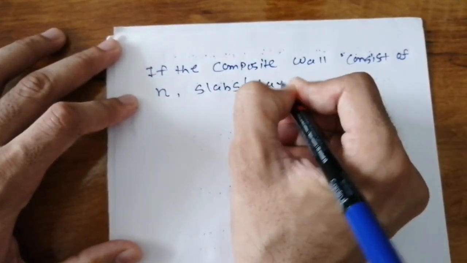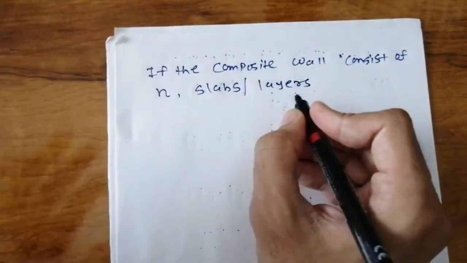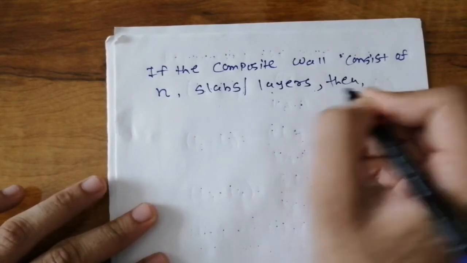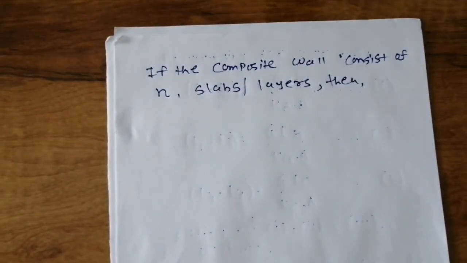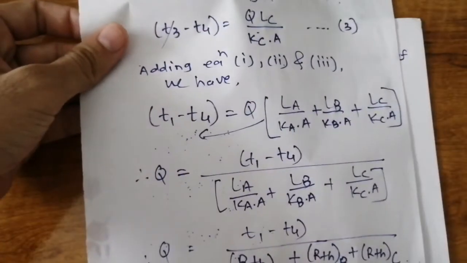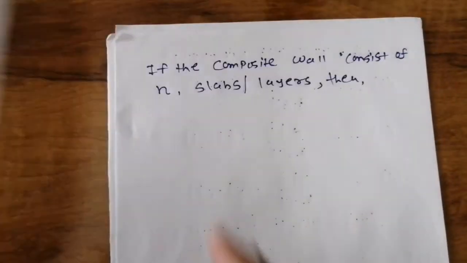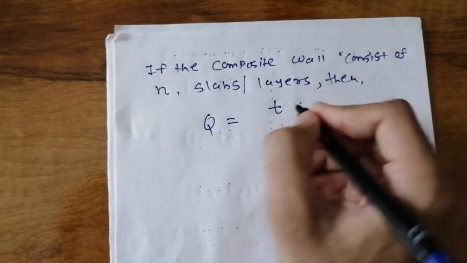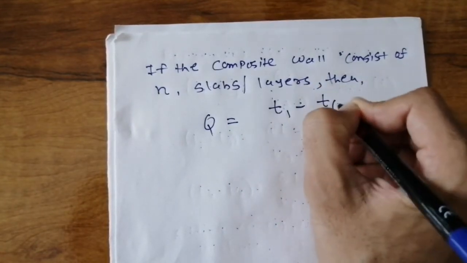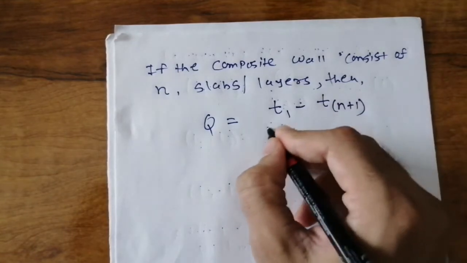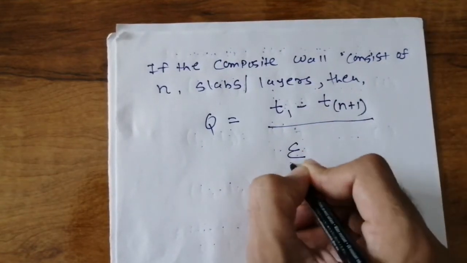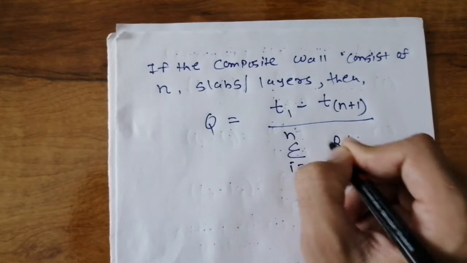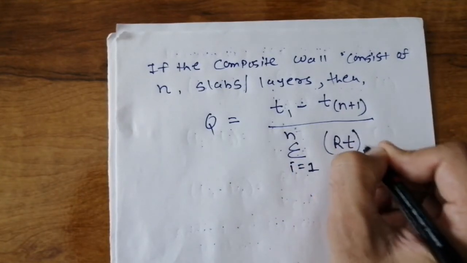Slabs and layers are the same. So what will our equation be? Q is equal to T1 minus T(n+1) divided by the summation from i equal to 1 to n of RTi.